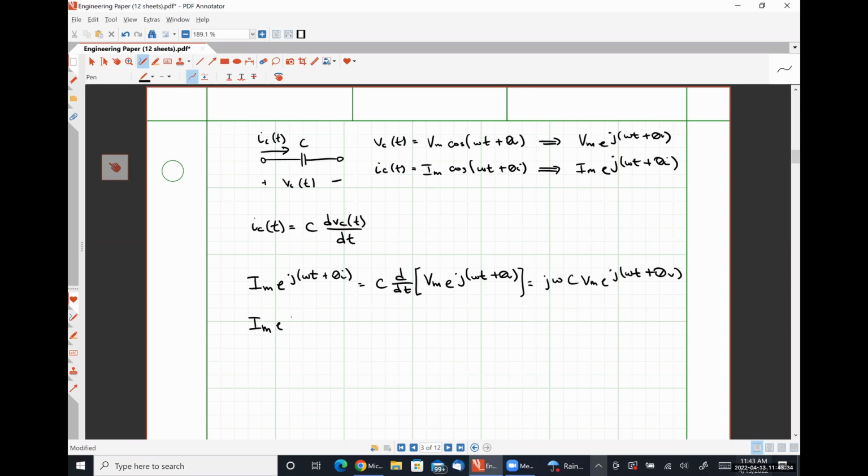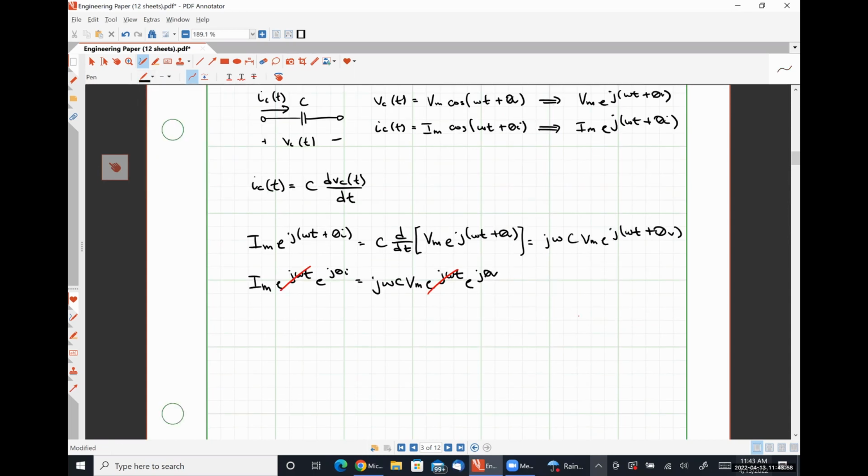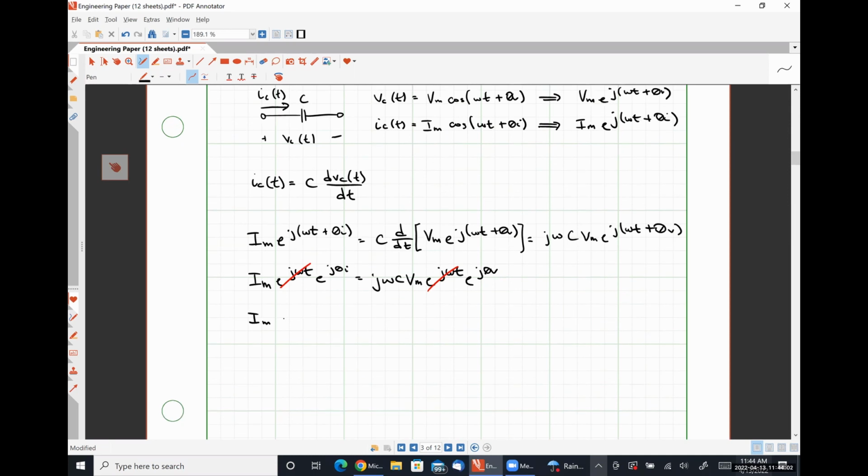So we'll have Im e to the j omega t e to the j theta I is equal to j omega C Vm e to the j omega t e to the j theta V. We can suppress these common frequency terms, leaving us with Im e to the j theta I is equal to j omega C Vm e to the j theta V, which is the same as omega C Vm e to the j theta V plus 90 degrees, using the same identity that we use for our inductor current.